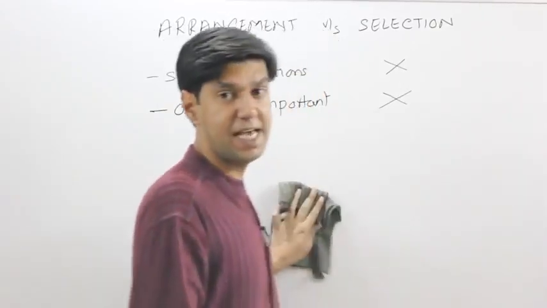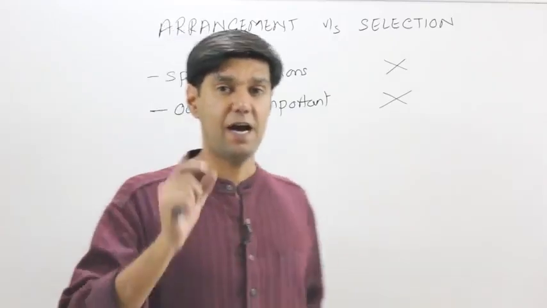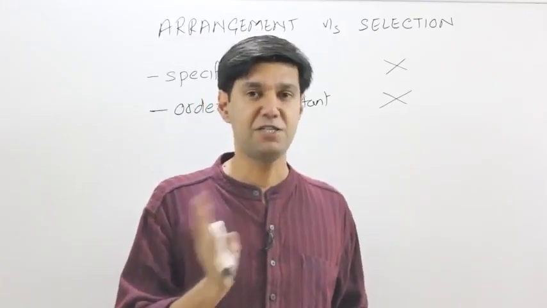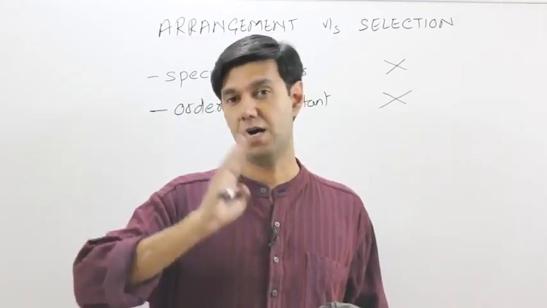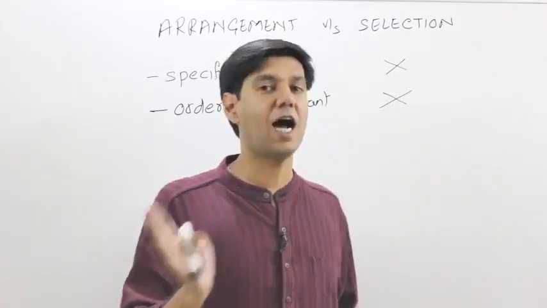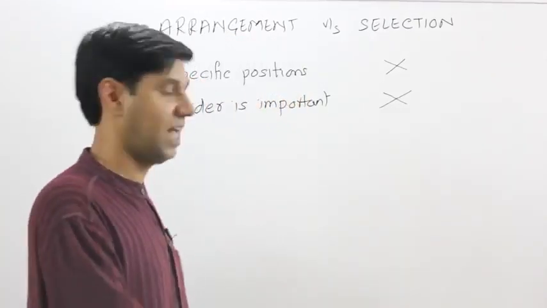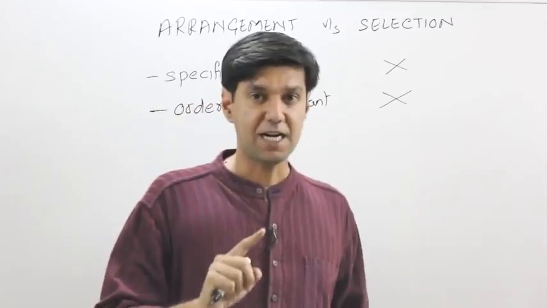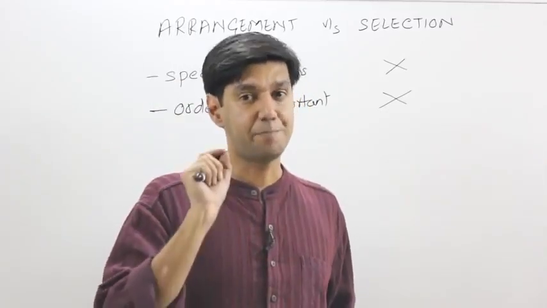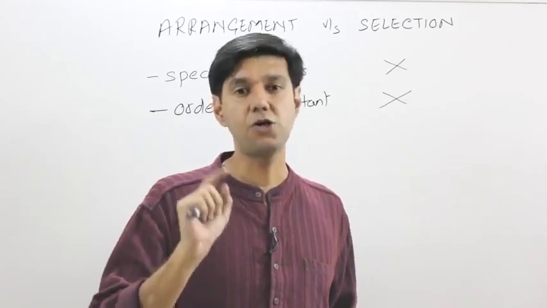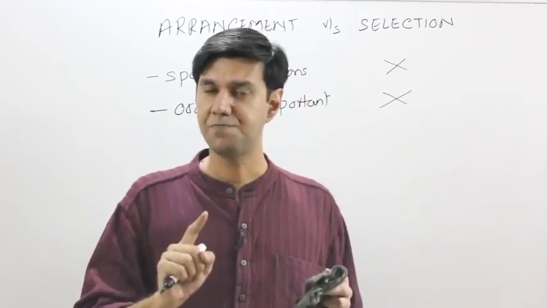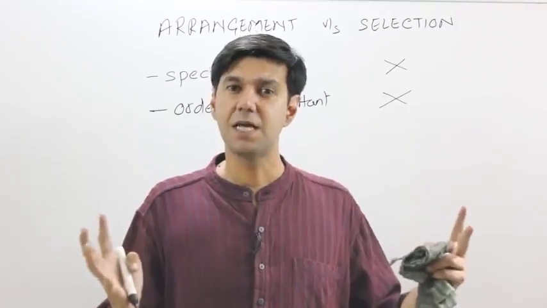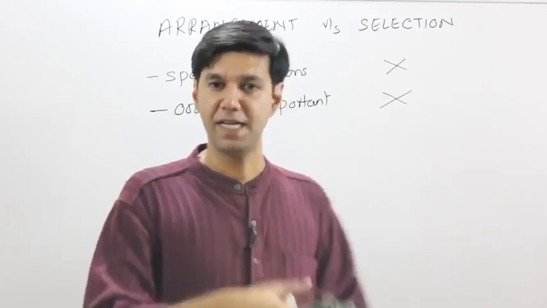We will next take up a few situations and try to differentiate whether they are questions on arrangement or questions on selection. However, before I start that, I want you to answer it very precisely and correctly. So I'll draw your attention to a thought process in which students sometimes mix the two, arrangement and selection.